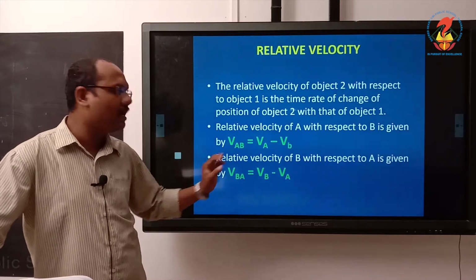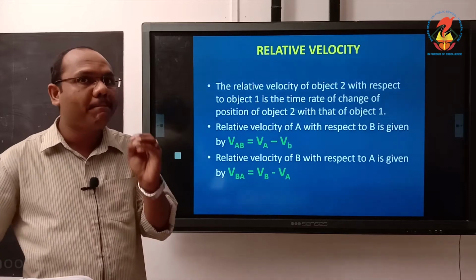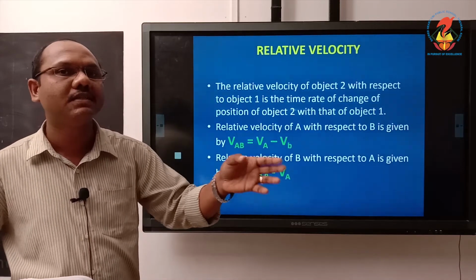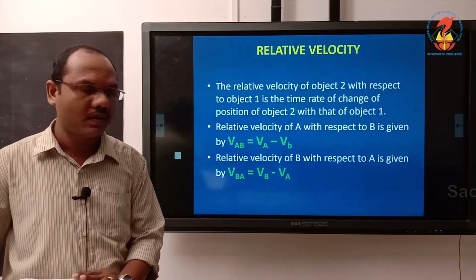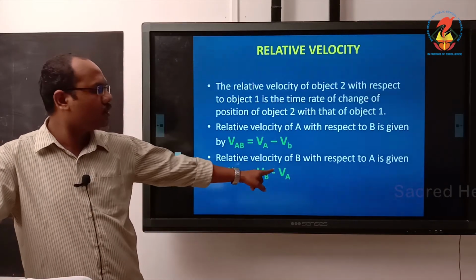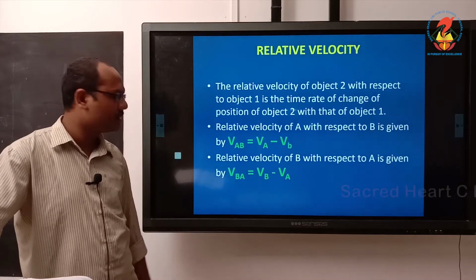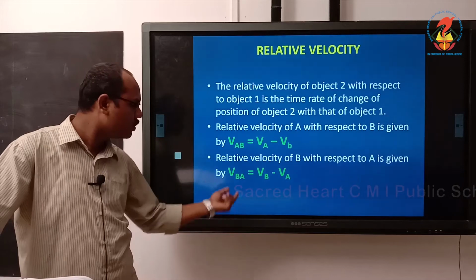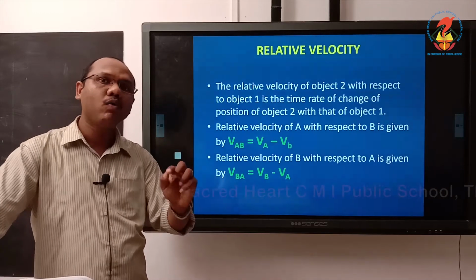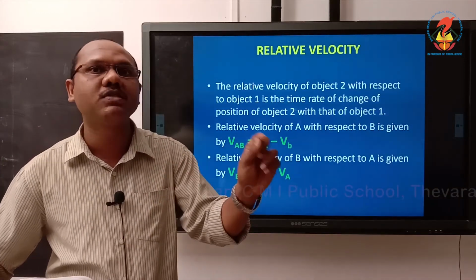VAB is how B observes the motion of A. Similarly, relative velocity of B with respect to A is written as VBA, which is VB minus VA. VBA means how A is observing B.